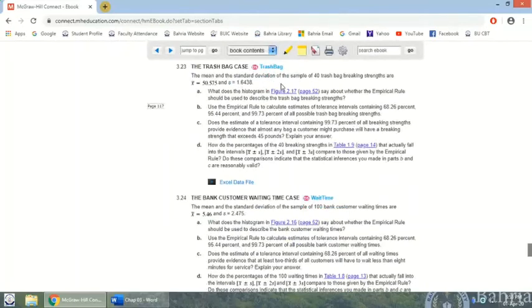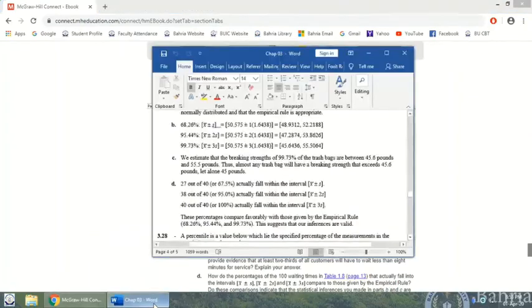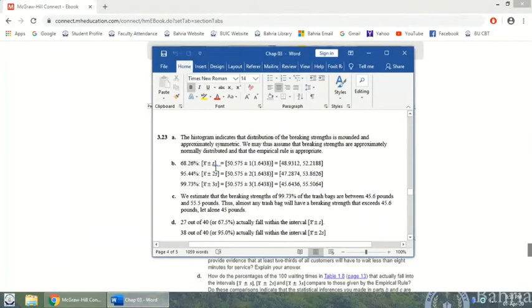Now the mean and standard deviation of 40 trash bag breaking strengths are the mean and standard deviation of the sample, you can automatically understand. The histogram of where the empirical rule should be used to describe the trash bag breaking strengths requires more analysis, and you can simply find that the histogram, as we've done before, gives you detail about the distribution.